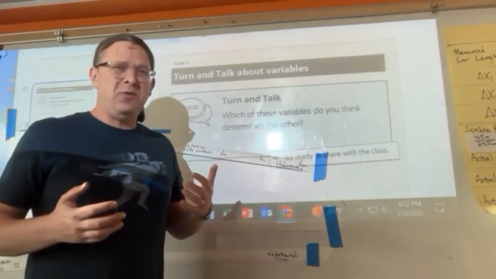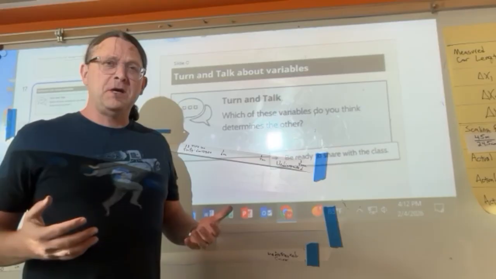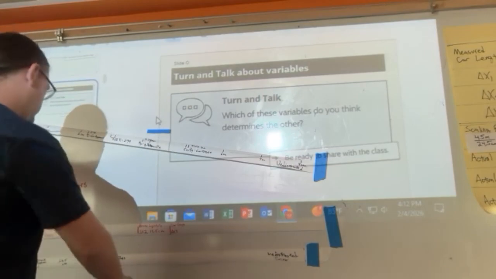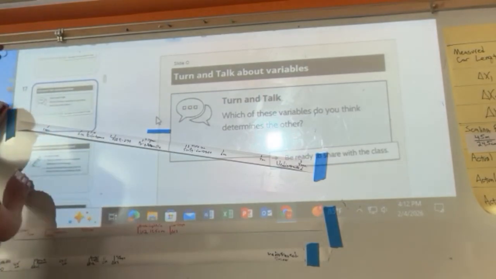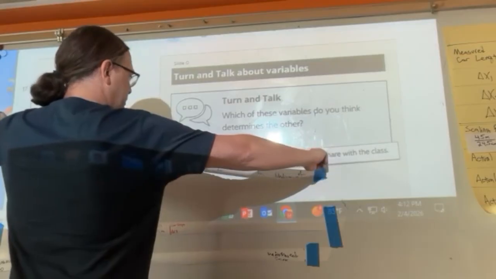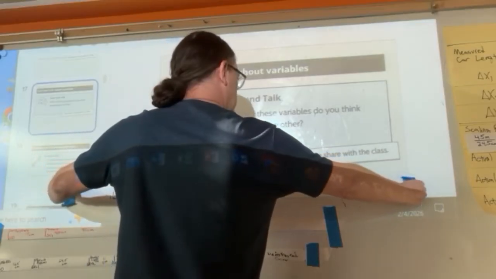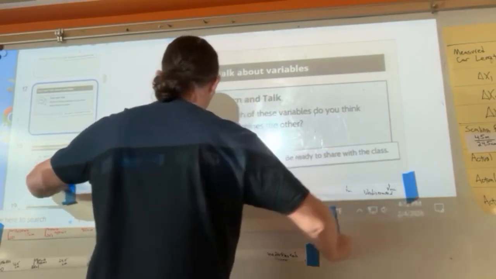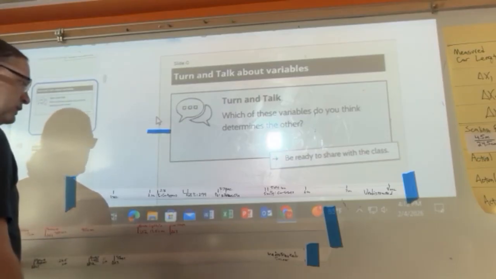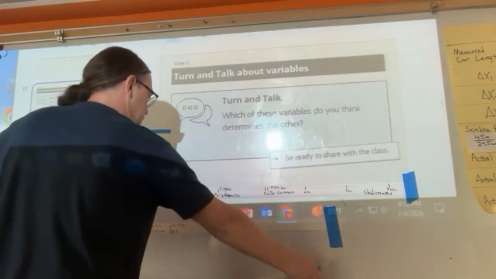Since we can't really change time, it's more likely that time, whatever time it is in the video, determines what position the car is in. So let's establish time on our x-axis, and then we will establish the distances on our y-axis.